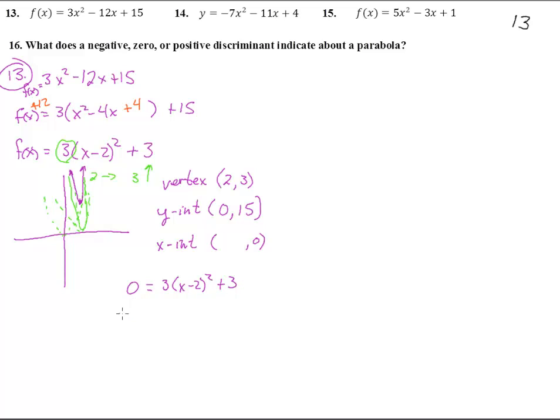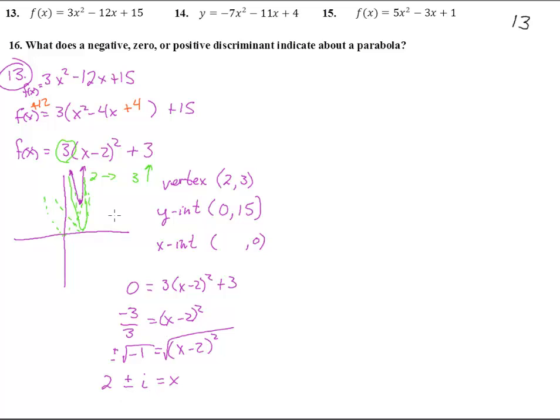Subtract 3 over. Divide that by that 3. So we get negative 1. So square root, and we get i. It's plus or minus. And then add 2 over. There's our x. So 2 plus or minus i.